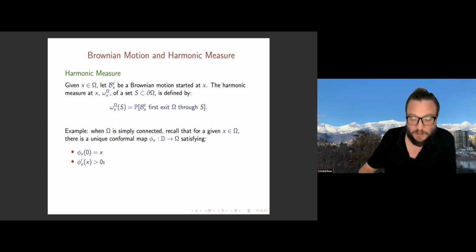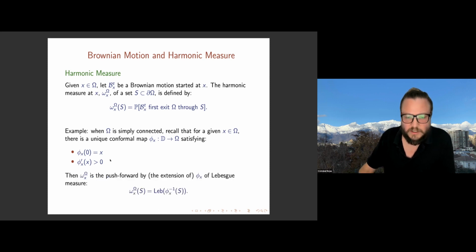And it happens that this function can be extended to the closure of the unit disk. And then in that case, the harmonic measure of omega started at x coincides with the push forward of the Lebesgue measure on the unit disk when we send it to omega using this function. So the harmonic measure in this case is defined like this. It is the Lebesgue measure of the preimage of the set by this function.